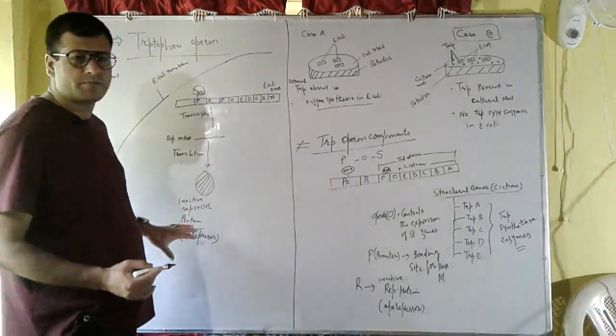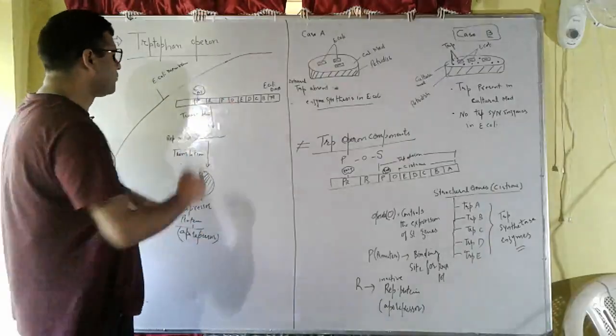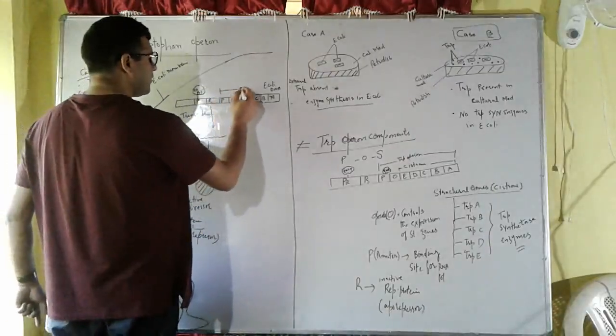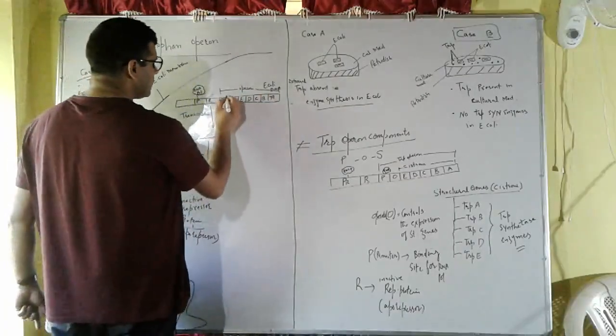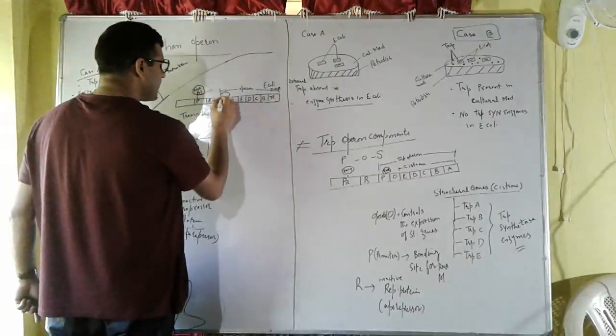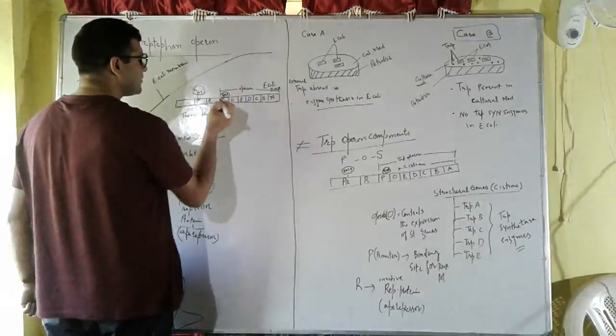This inactive repressor protein is not able to bind to the operator gene of the operon, the tryptophan operon. So P is the binding site for RNA polymerase.